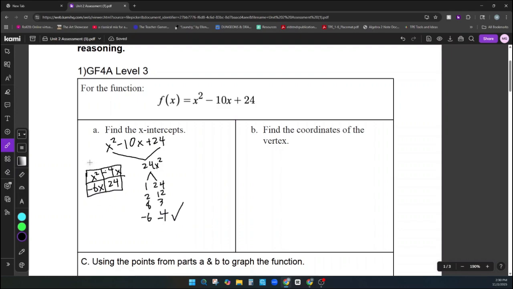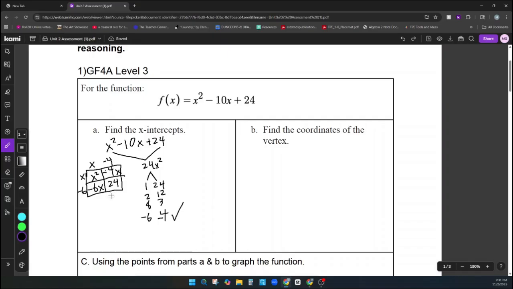So now I could factor this box. So I'm going to just separate my x squared into x and x. X times negative 4 gives me negative 4x. I go and place it on the outside. And x times negative 6 gives me negative 6x. And of course, I check my last intersection. This negative 6 times negative 4 gives me 24.